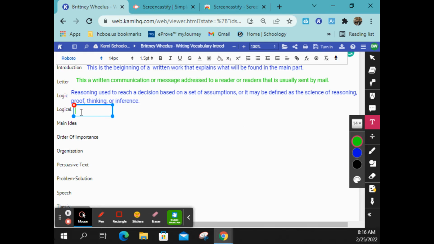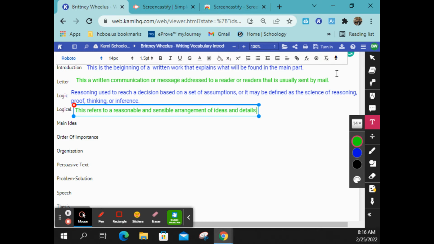All right, logical. All right, this refers to a reasonable and sensible arrangement of ideas and details.